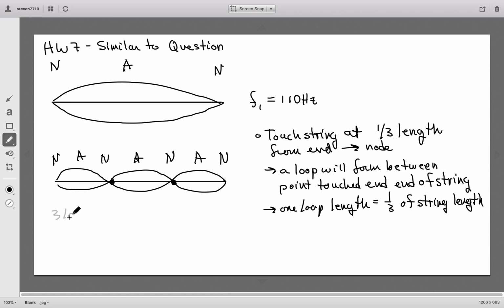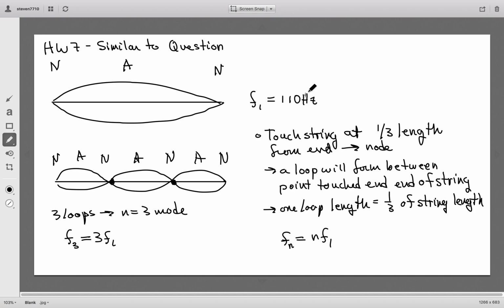3 loops. What mode is that? That's the n equals 3 mode. And we know that the frequency of the n equals 3 mode is equal to 3 times the frequency of the first mode, because in the harmonic series the nth mode frequency is equal to the mode number times the fundamental.